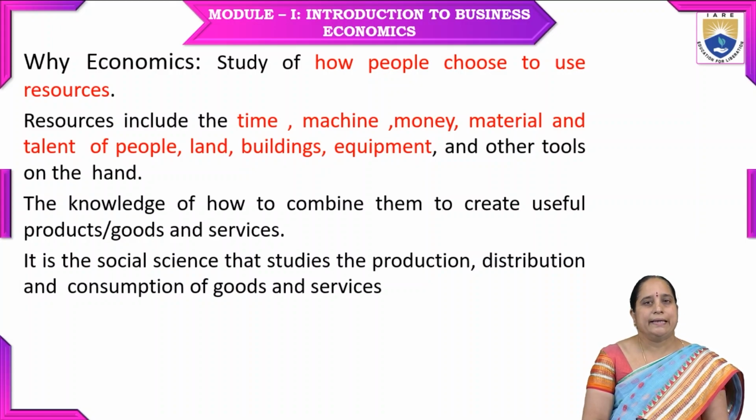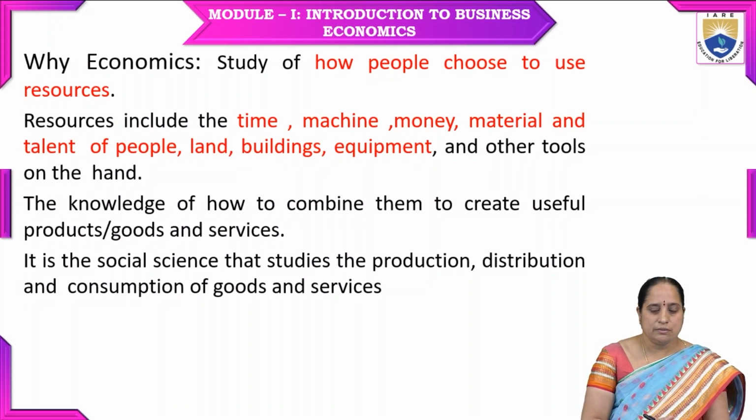Resources include the time, machines, money, materials, and talent of the people, land, buildings, equipment, and other tools on hand. So, the resources may be anything. Some types of resources we can regenerate, but some we can't.